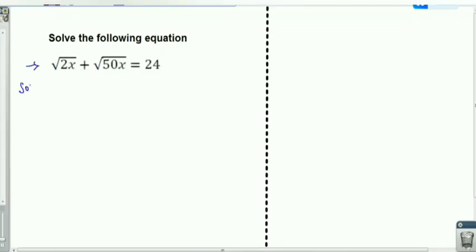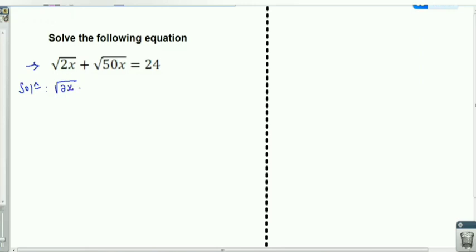So here we have radical 2x plus radical 50x equals 24. Usually when we have equations involving radicals, we need to write the radicals in a more simplified form.